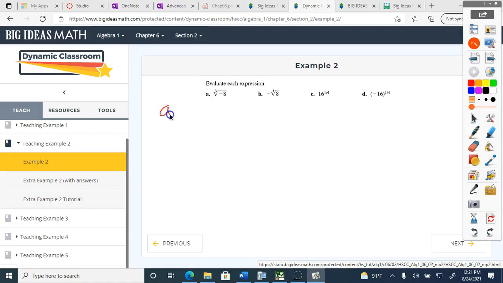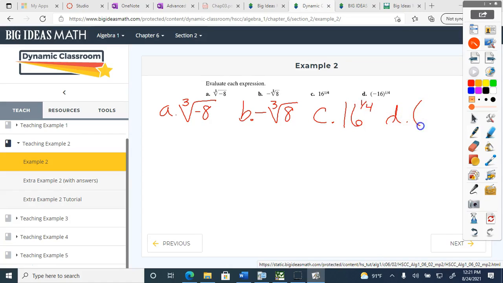This is A, the cubed root of -8. B, negative cubed root of 8. C, 16 to the 1/4. And D, -16 to the 1/4.